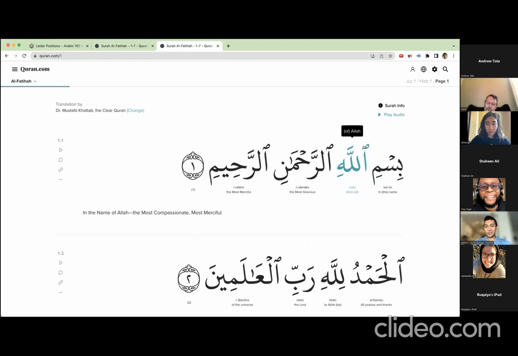No, this squiggle comes over alifs and explicitly states that this alif is to be ignored if it's following a vowel, but pronounced if it's at the beginning. So it's explicitly stating that this aleph has a liaison. It doesn't have a vowel of its own accord, but it pulls in the vowel from before.